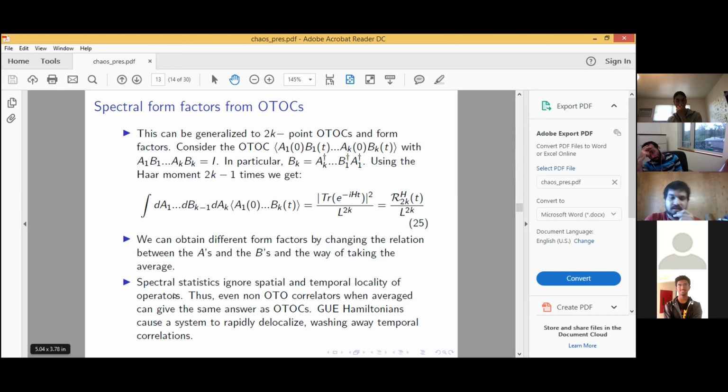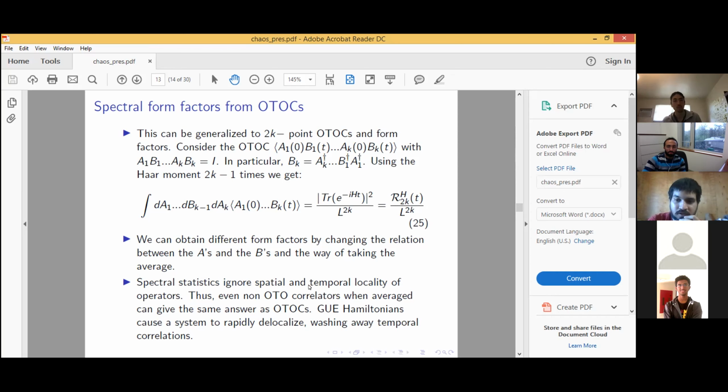It turns out that spectral statistics ignore the spatial and the temporal locality of operators. So the n-point functions, the OTOCs, are generally dominated by non-local operators. That's how we say that the OTOCs, and by extension the spectral statistics, would ignore the spatial locality of operators. And it also turns out that the temporal locality of the operators is also ignored.